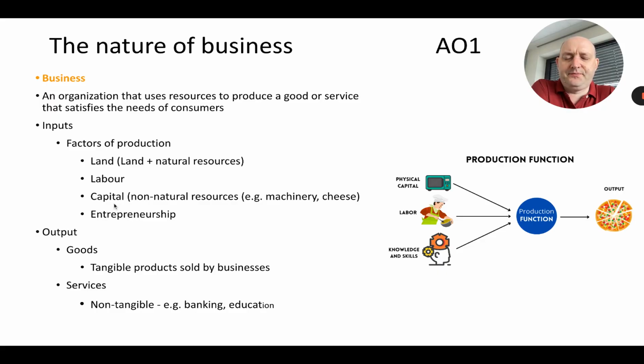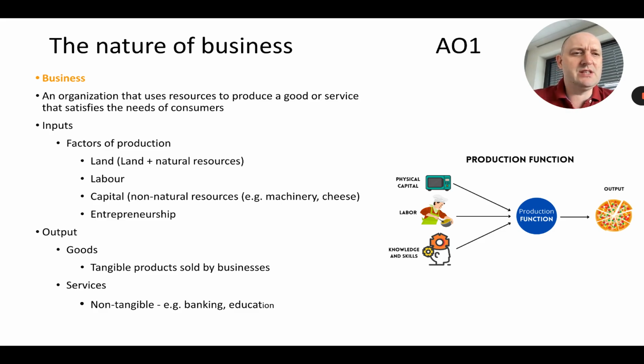Capital is physical capital, which is basically non-natural resources, things like machinery that you use. You don't find machines as a natural resource, but it's also things that other companies have produced that can be bought by your business.